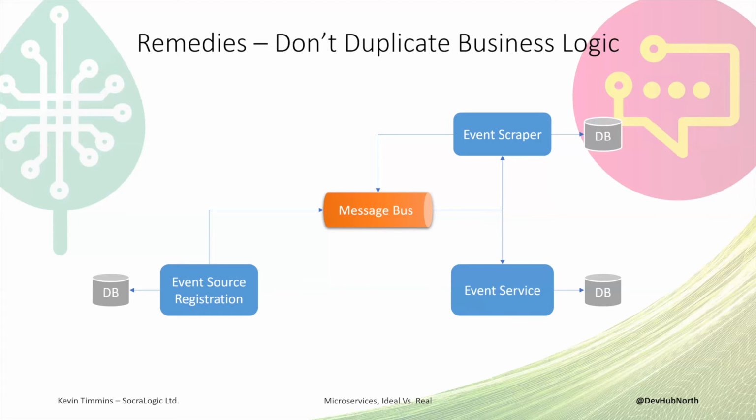When we bound our domain, we make sure that we're not having to query other services in order to satisfy the business logic that's required within the service we're building. So everything that's required for the business logic should be within that vertical slice.